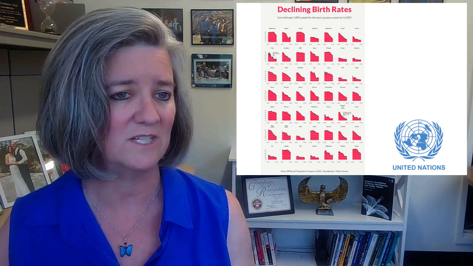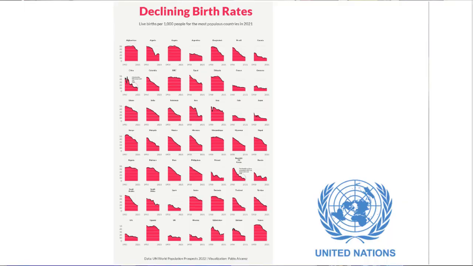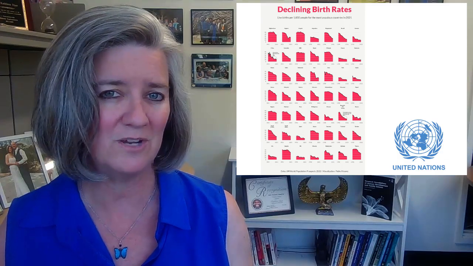It's really interesting information. You can compare countries that have had historically low birth rates to countries that have had historically high birth rates, and you see that in virtually every case, whether they started out high or low, birth rates have been declining over the last several decades. So that's super interesting data.